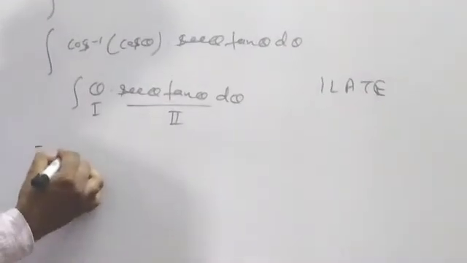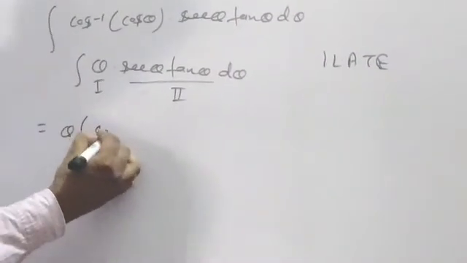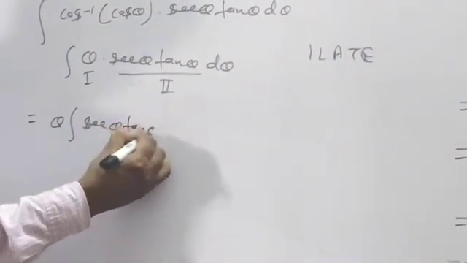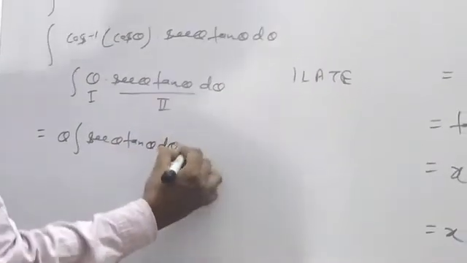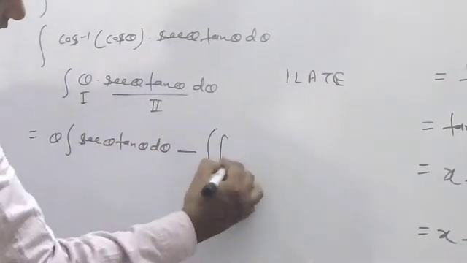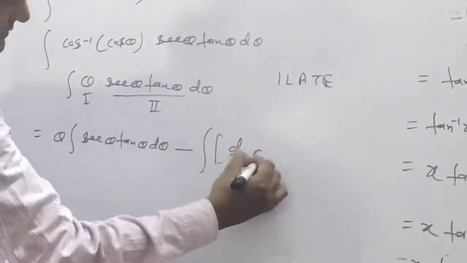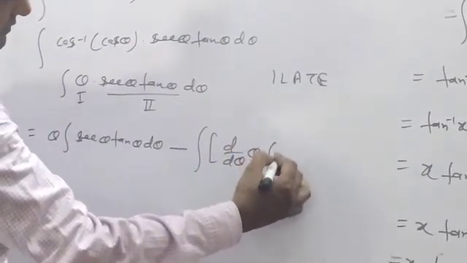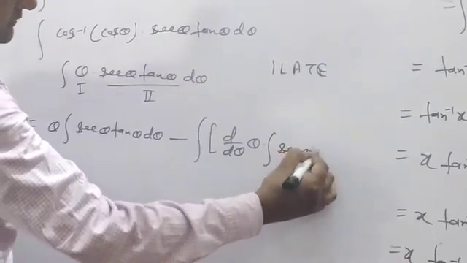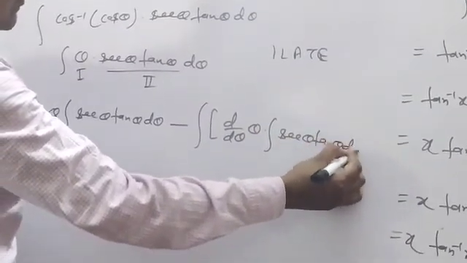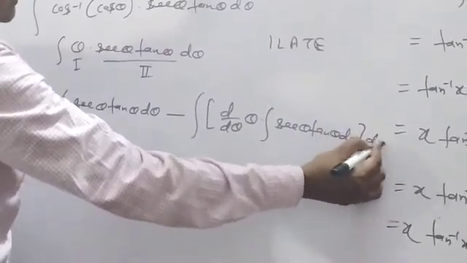Now leaving the first function, integration of the second function, minus whole integration of d by d theta of theta into integration of the second function.